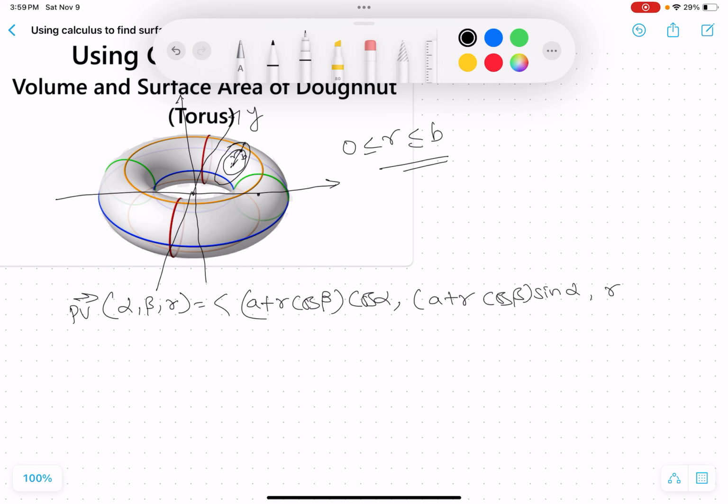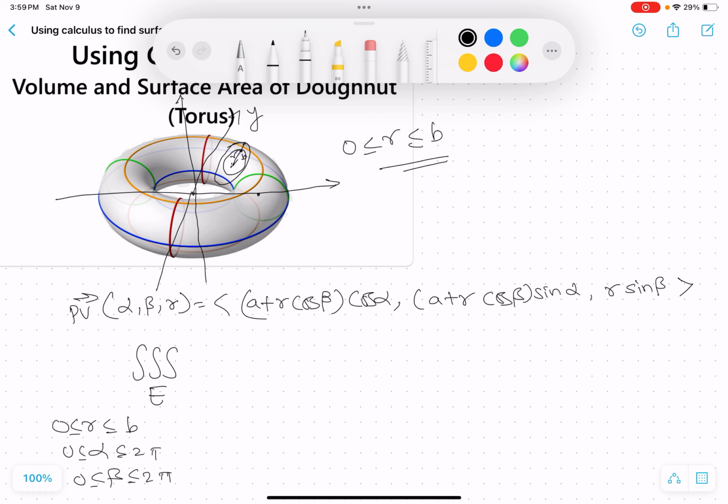So this vector will basically give all the vectors inside the torus, on the surface of the torus, and all of these, right? We just want to integrate over this entire domain where r is going from 0 to b, alpha is going from 0 to 2 pi, beta is going from 0 to 2 pi. Over this domain we just want to integrate the volume element.